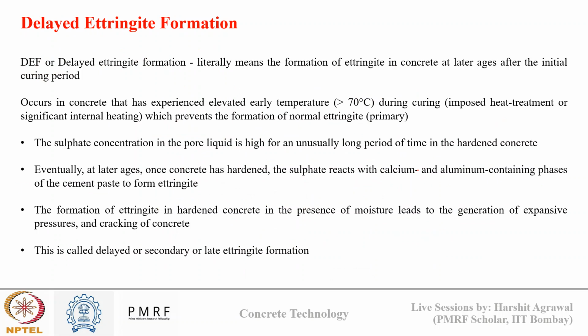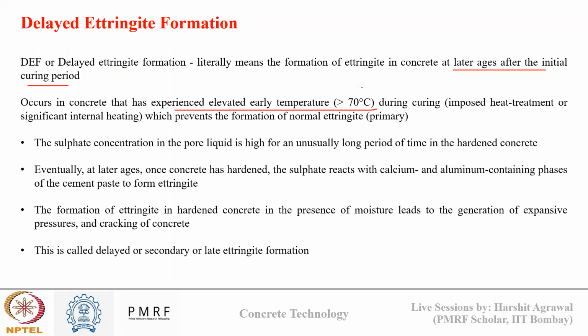Now, especially in case of internal sulfate attack that we saw in the definition earlier, there is a thing that is known as delayed ettringite formation, which simply means that the formation of ettringite in concrete is happening at later stages after the initial curing period. So that ettringite formation is getting delayed. It occurs in concrete that experienced an elevated early temperature.